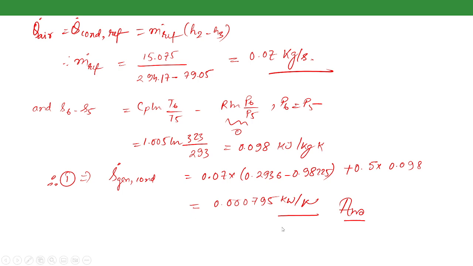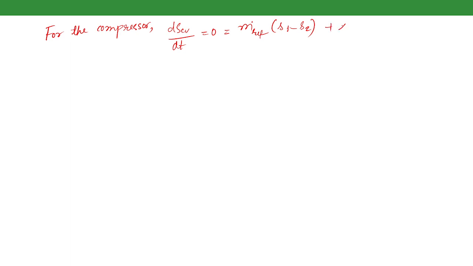Okay, so if there is no doubt, then I will move on to the next part of this problem, that is analyzing the same things for the compressor. Now, for the compressor, dSCV by dt is 0, which is equal to mass flow rate of the refrigerant times S1 minus S2 plus entropy generated in the compressor.